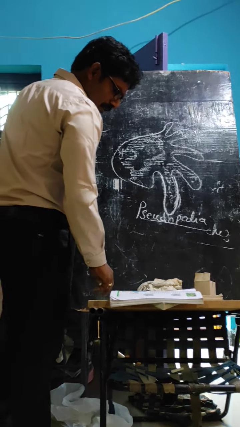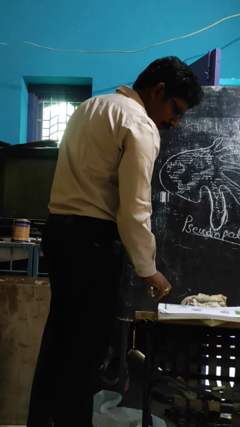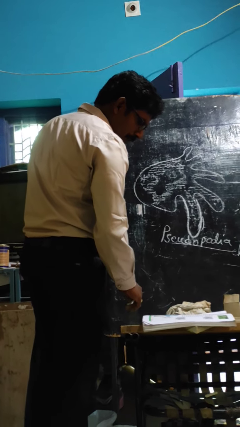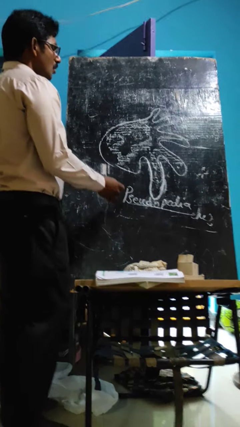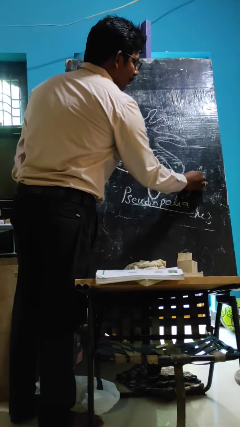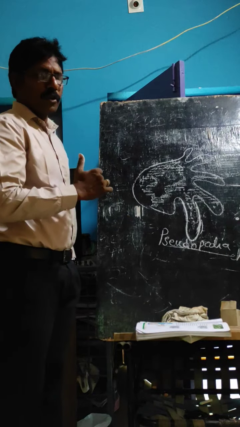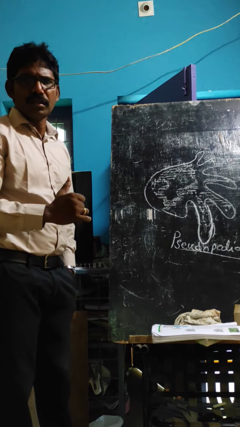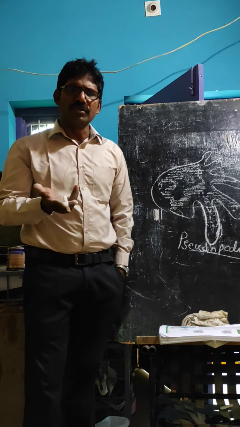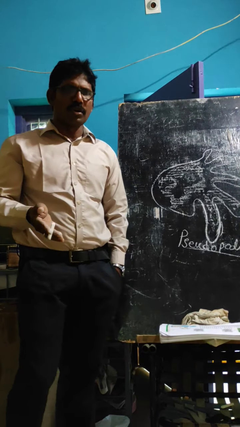Okay now, the cell surface fuses over the food particle, forming a food vacuole. Suppose this is the food material. Do you know that amoeba lives only in fresh water, not in marine water?